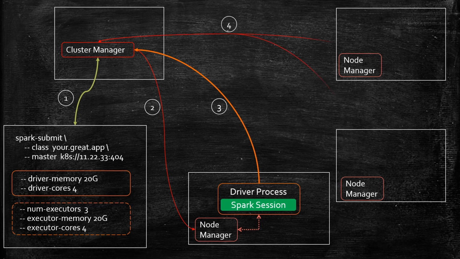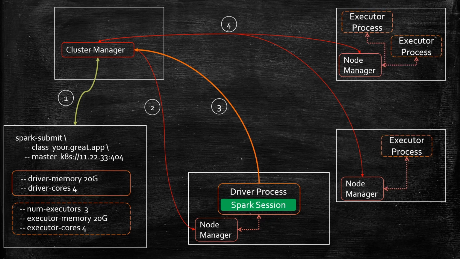So next, the cluster manager will then request the node managers to create the executor processes. And when the node managers have enough resources to fulfill that request, then the executor processes will be created. In our case, we can see that there is a node with enough resources to run 2 executor processes, and one node can only run one executor process.